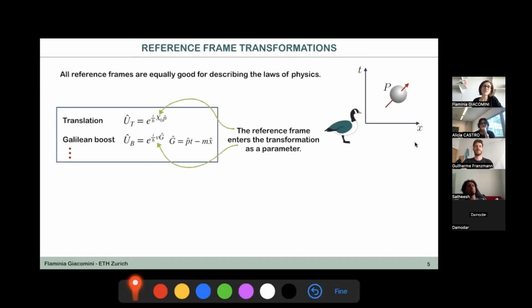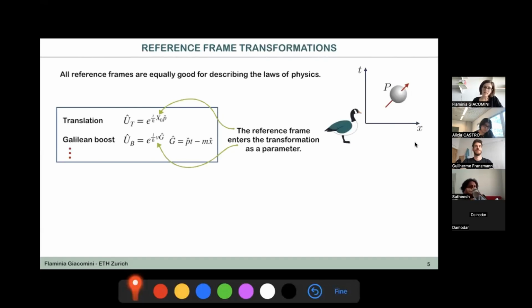They're not operators, they're not dynamical variables, they're just parameters. This corresponds to our abstraction of the reference frame, so we do not assign them any dynamical law, we do not assign them any Hilbert space. And this is something that we will see later we would like to give up. So we want to consider them as dynamical systems, as quantum systems.